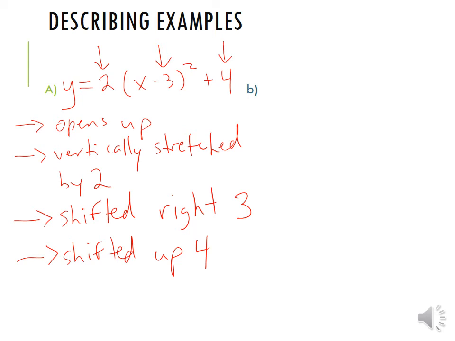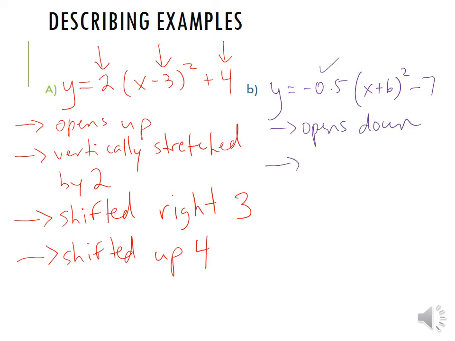Now let's come up with some other numbers. So y equals, we'll say, negative 0.5 times x plus 6 squared minus 7. The first thing we encounter is that negative, which means opens down.